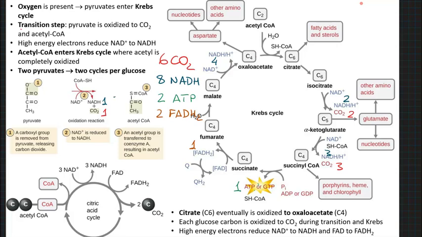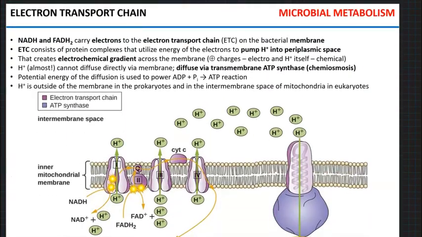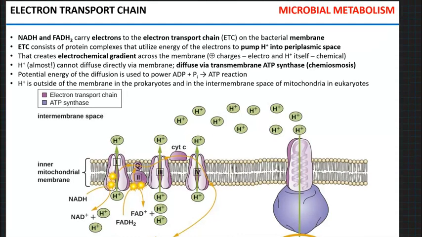Quite obvious that these processes are not for ATP. These processes are to generate a buttload of NADH. In other words, we accumulated a huge number of high-energy electrons that are sitting on those electron carriers. So now we're going to bring those electron carriers into the electron transport chain.